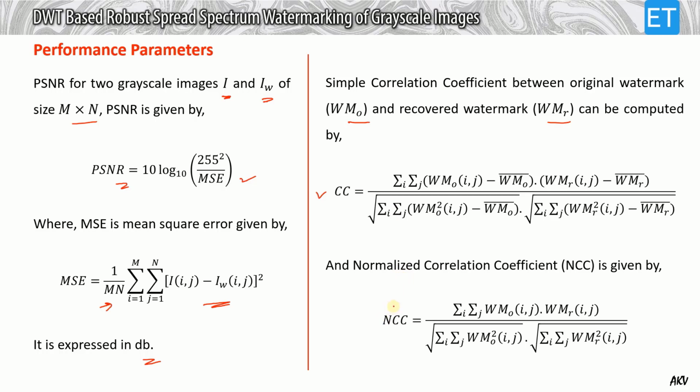Actually, in the literature, many researchers have used this formula in their research papers. The relationship is simple: NCC is another form of CC, where just these average values are omitted from the formula. So this is known as the normalized correlation coefficient. It is quite easy to compute.